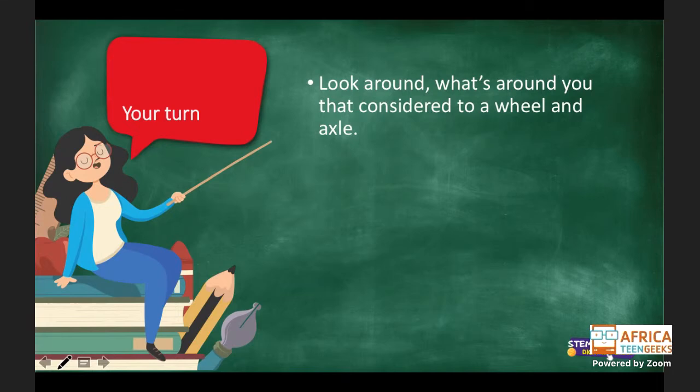Okay, most of you, you've got a car, you've got trucks. Mukhoto says she or he can see a bicycle. Okay, I'm waiting for more responses.